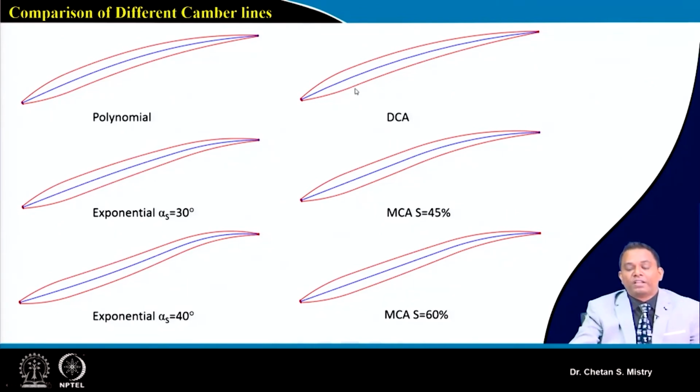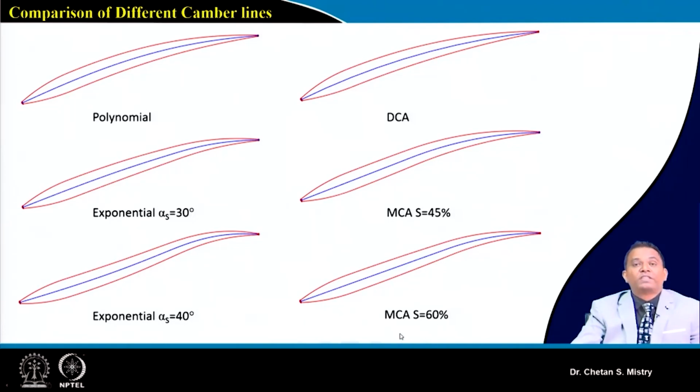In the same way, if we are considering a double circular arc kind of configuration, this is the double circular arc configuration. Now when we are considering multiple circular arc, as we have discussed, this is my straight line. We can say my point is placed at 45% of my chord. So this is representing my second circular camber line, and this is the same circular distribution of my thickness.